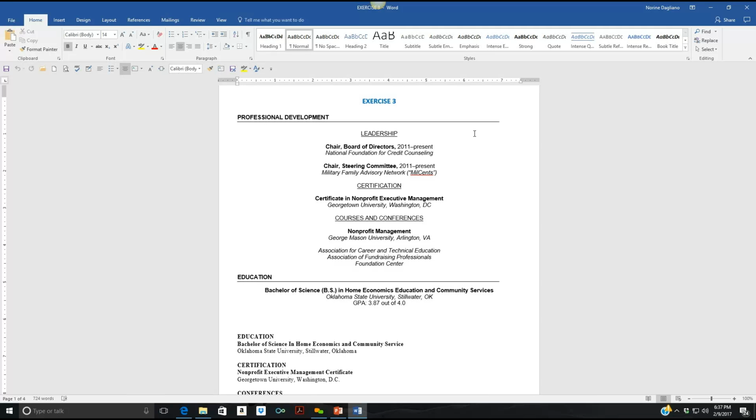I don't see any really overriding issues with all of this. It's formatted nicely. The only improvement that might have been made is to tighten things up a little bit more with some incremental line spacing.